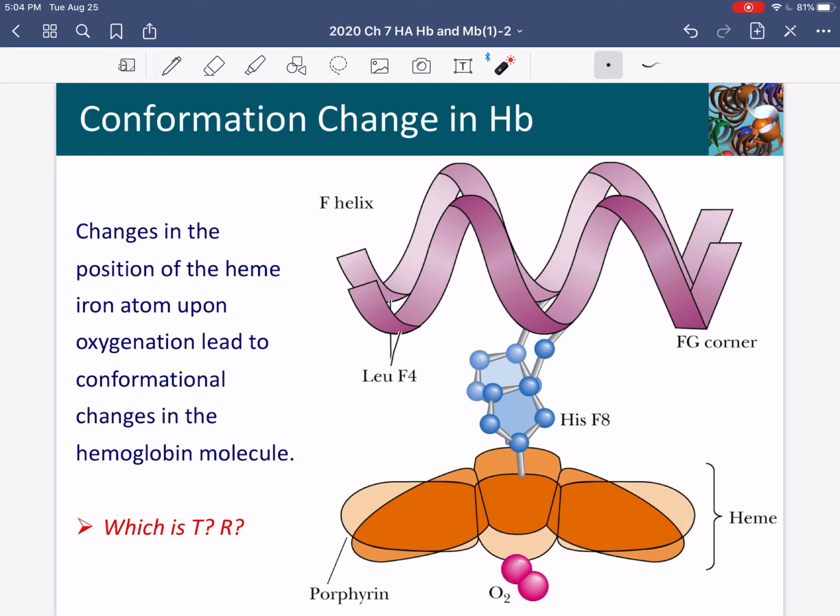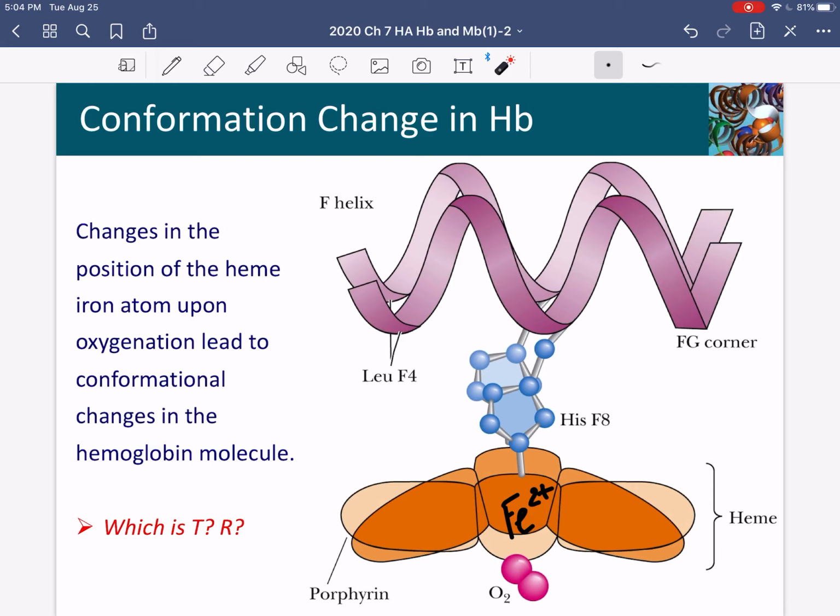And this heme iron, let me write Fe on that. So this is Fe 2 plus, right? And when that oxygen binds to the iron, as a sixth ligand, it pulls it down, flattening the heme, pulling the fifth ligand, the histidine, down, and the helix that it's a part of, right? Because that's covalently attached, so it's coming down too.